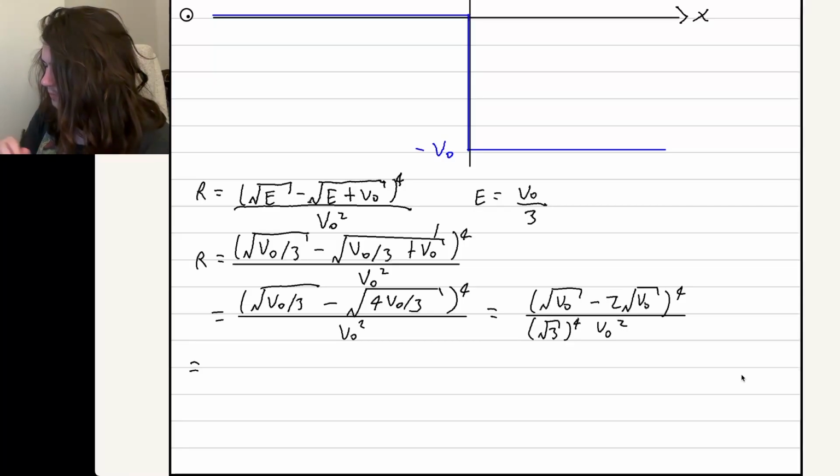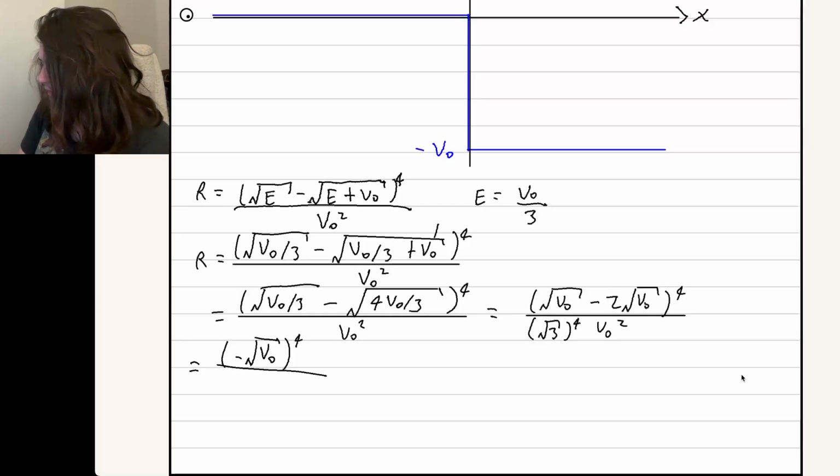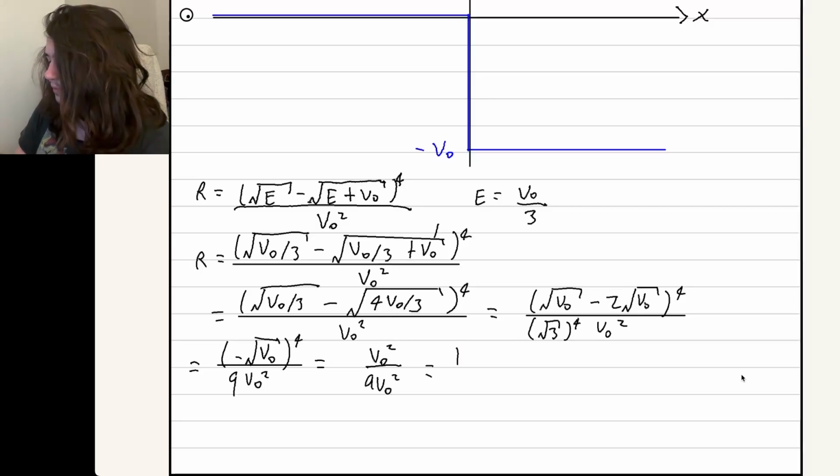And so obviously 1 minus 2 is minus 1, so that's what we're left with on the top side. Then if you square root 3, you get 3, and if you square it again, you get 9 V naught squared. And so we have V naught squared over 9 V naught squared, so 1/9.